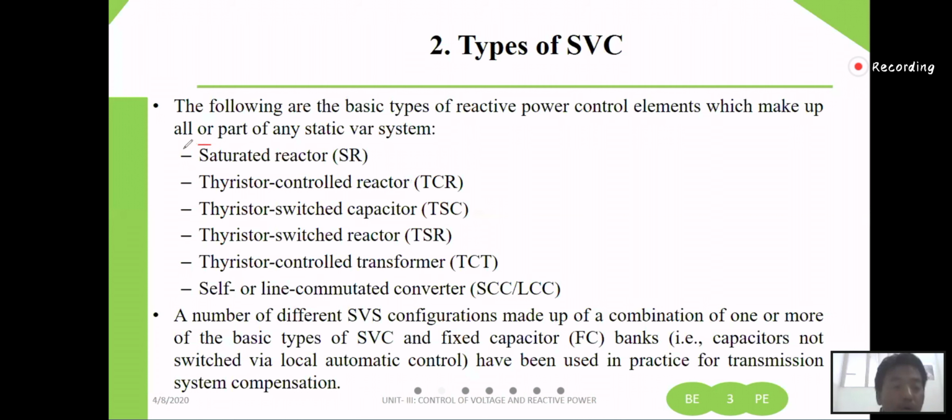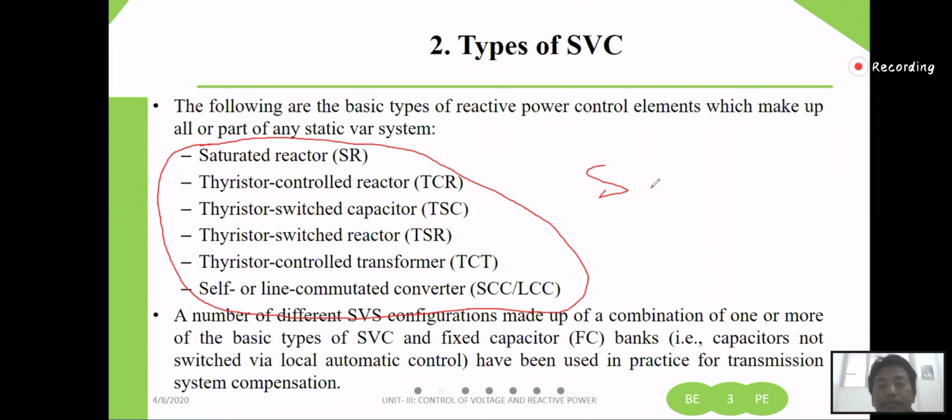All these will fall under SVS, that is, static VAR system. But these are the SPCs, static VAR compensators. These different types of SPC will fall under the SVS, which means static VAR system.